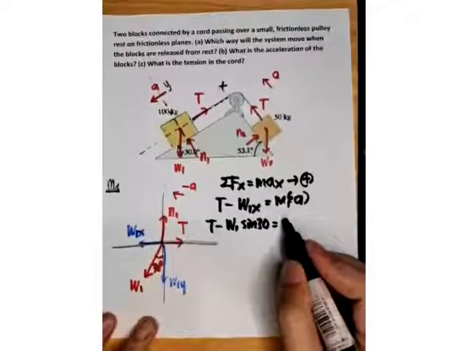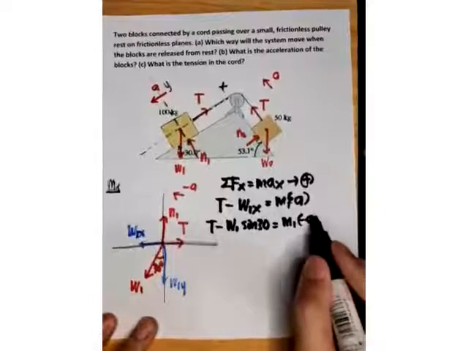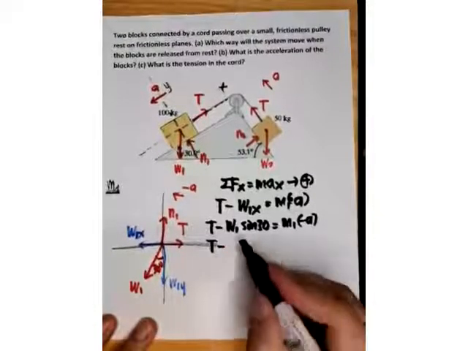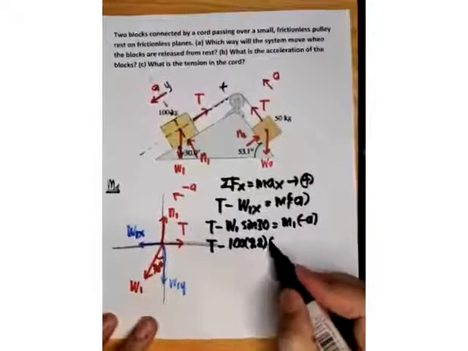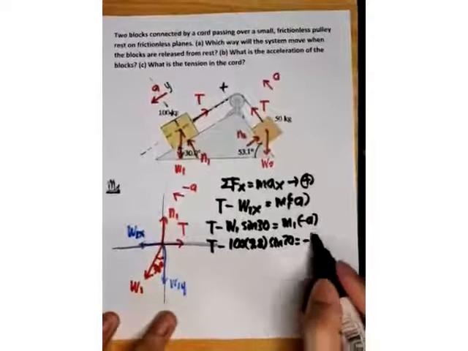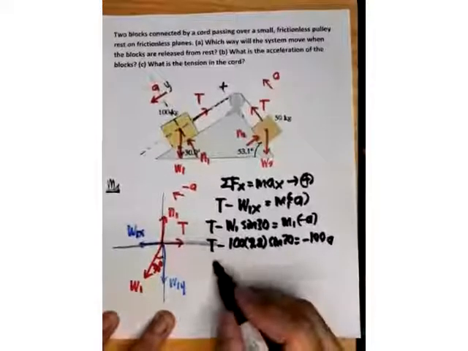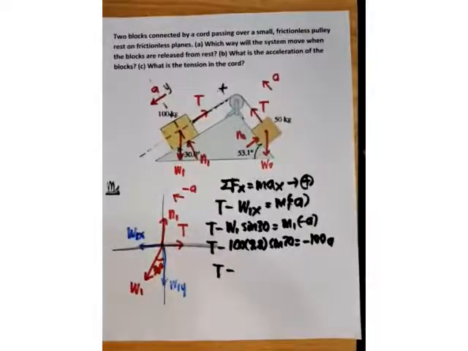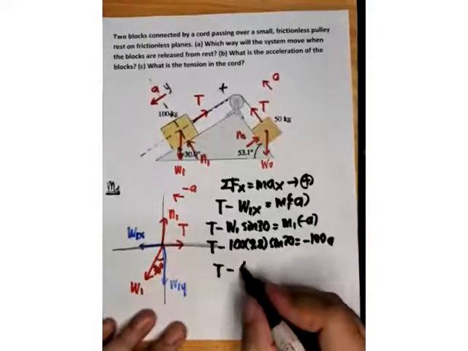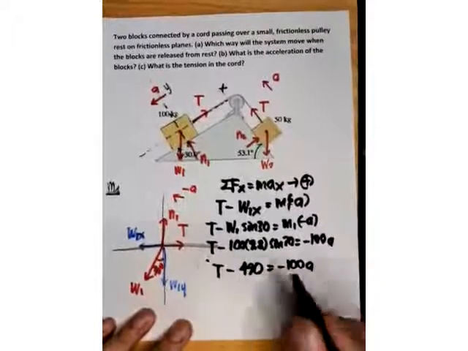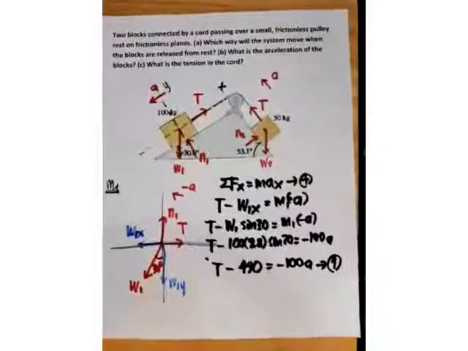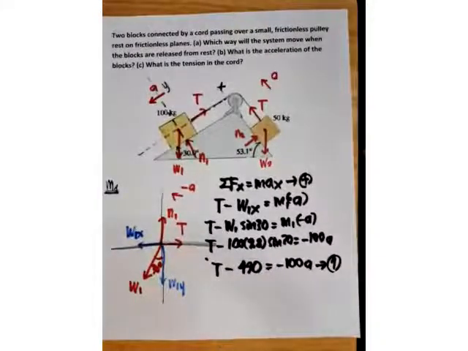So that's equal to mass 1 times negative A. So that is tension, weight 1 is 100 times 9.8 times sine 30, is equal to negative 100A. So that is tension minus 490 is equal to negative 100A. Okay, so let this be our first equation. Okay? Kuha ba? May question ba?